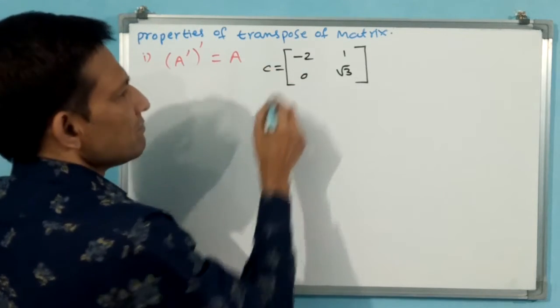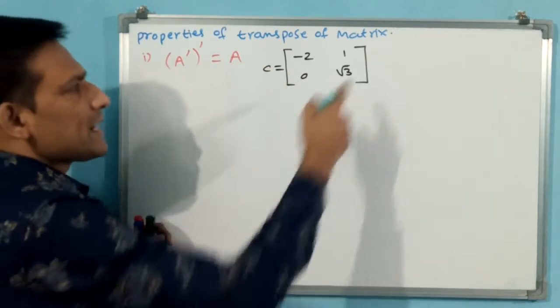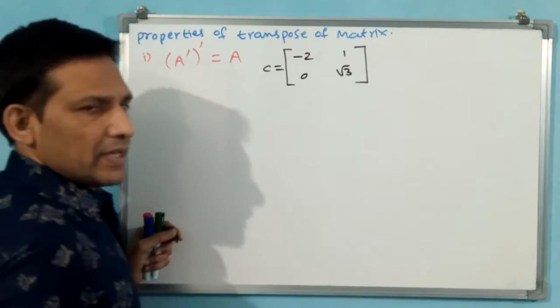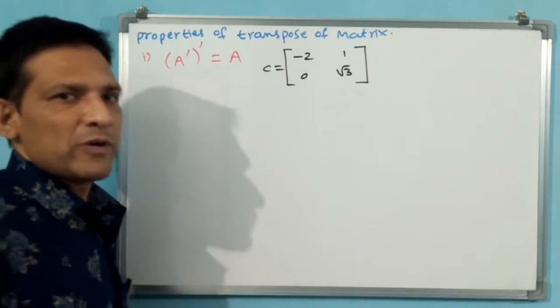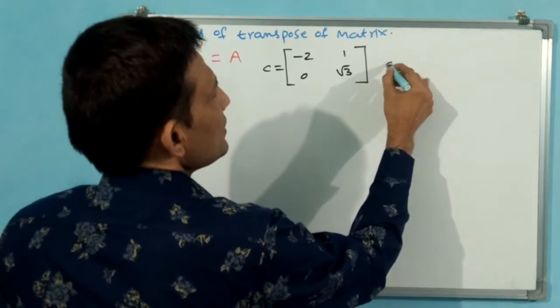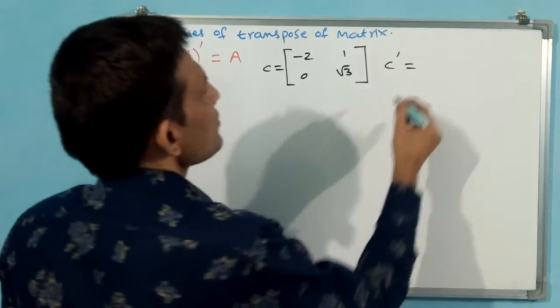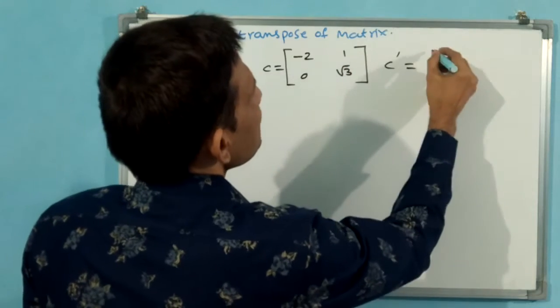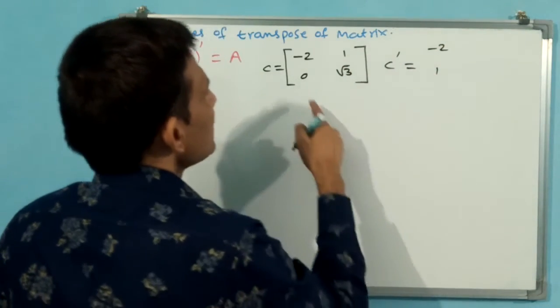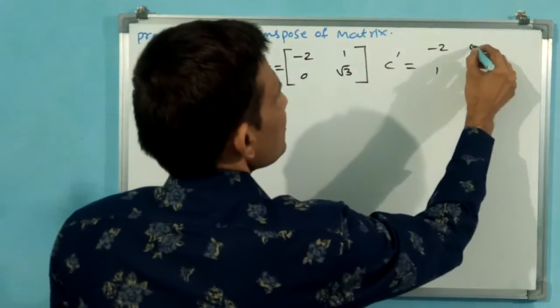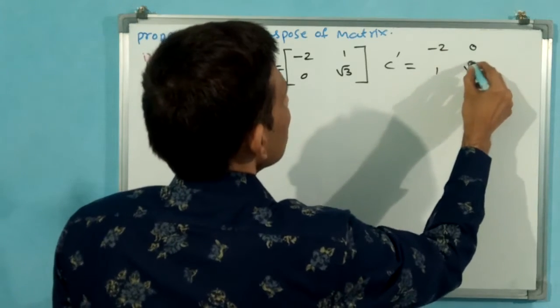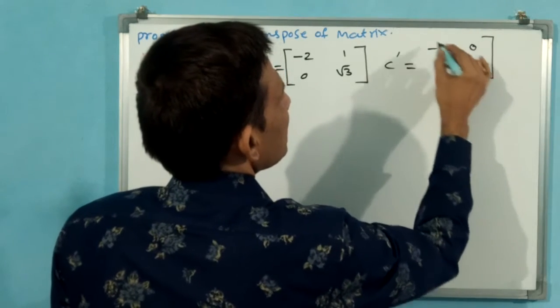Here I am taking C. This is a 2 by 2 matrix. Now you see C transpose. What are you going to write? You are going to write this row as a column, that means -2, 1, and the second row as second column, 0, root 3.